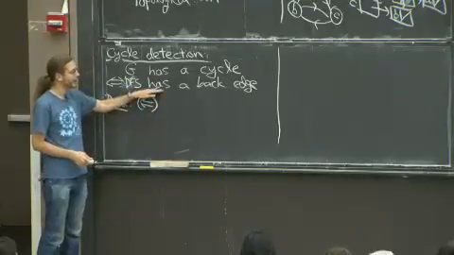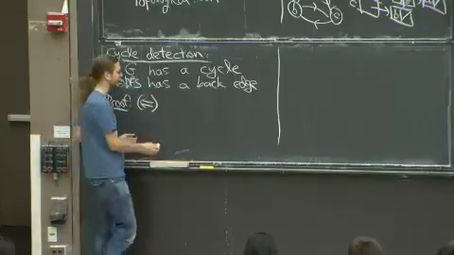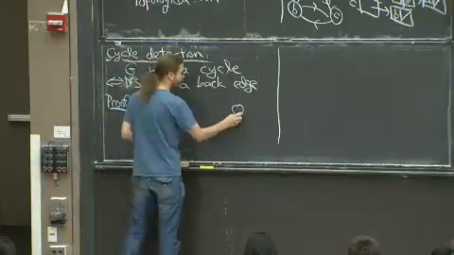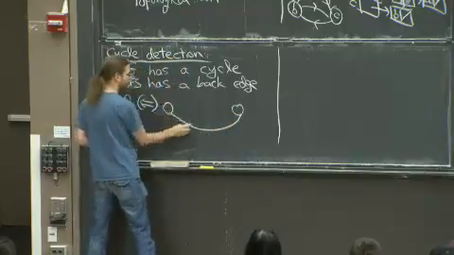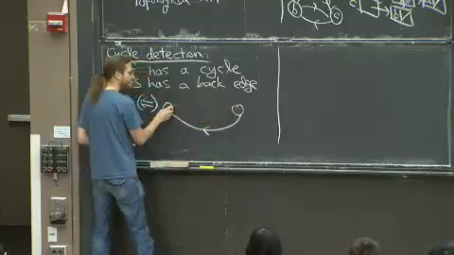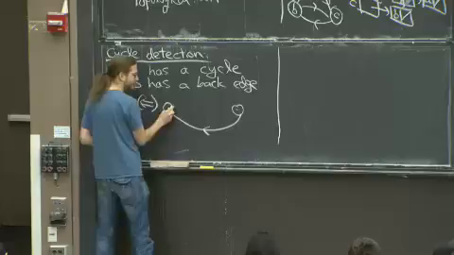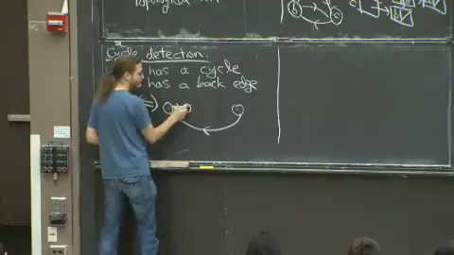Okay, left is, I have a back edge. I want to claim there's a cycle. What does a back edge look like? Well, it's an edge to an ancestor in the tree. If this node is a descendant of this node, or this node is an ancestor of this node, that's saying that there are tree edges.